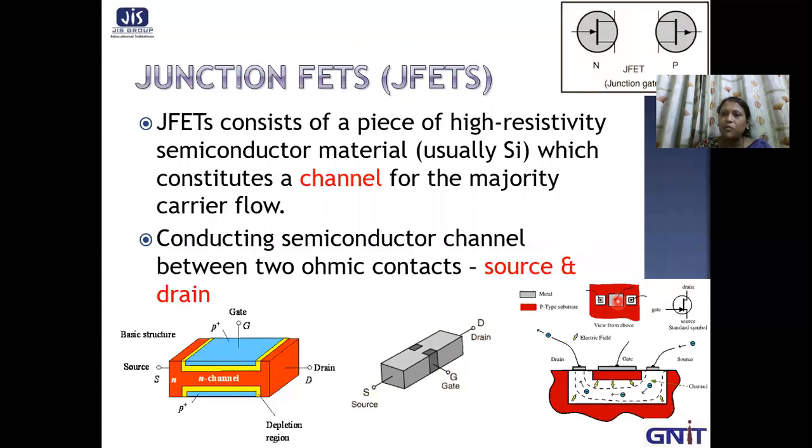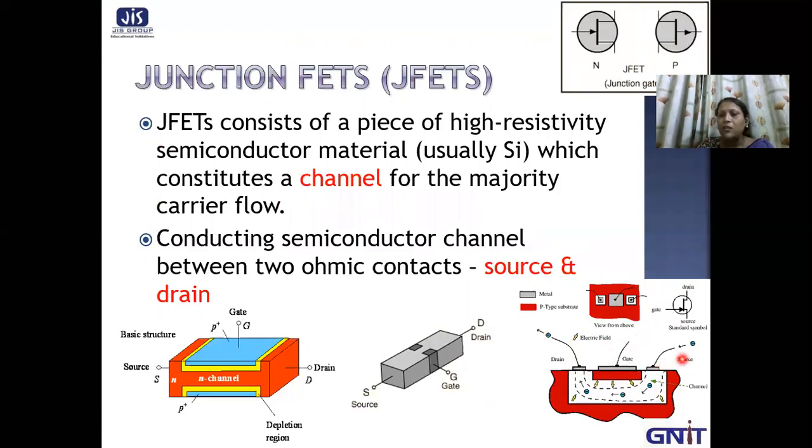That's why we have to deposit the metal layer on top of the JFET. So here you can see the gate terminal, gate region, and on top of that a metallic layer is there. Similarly, the drain and source metallic layers are there, where by a very thin wire the output has been taken.